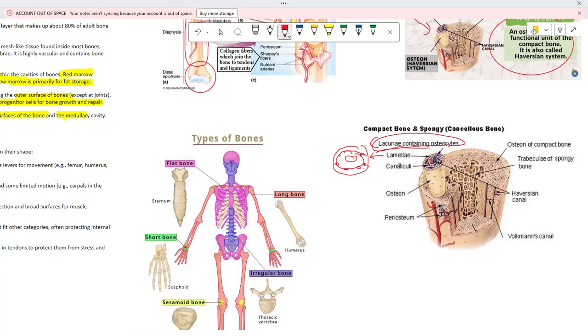There are blood vessels and nerves within the central canal system here. We call it the Haversian canal. The Haversian canal. Okay, and that's what you see over here.